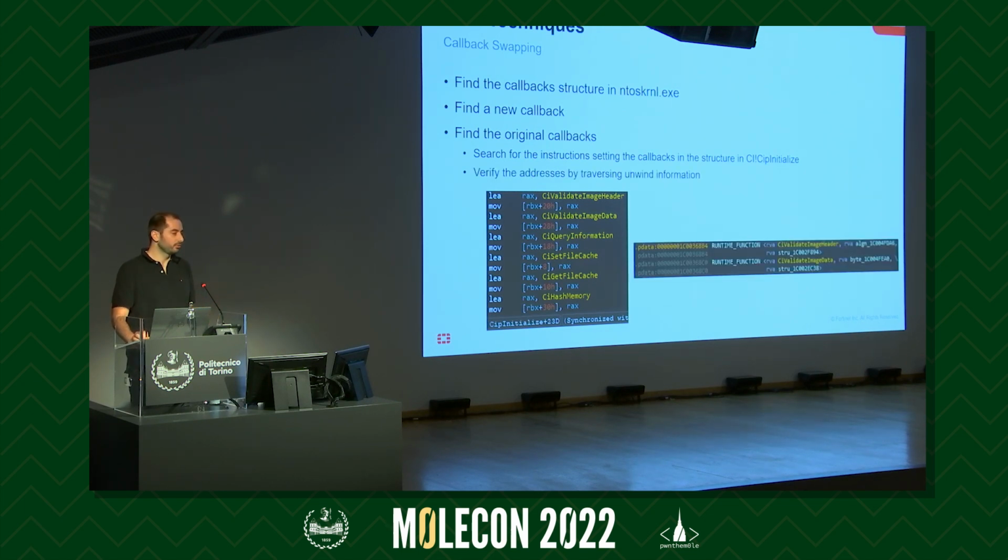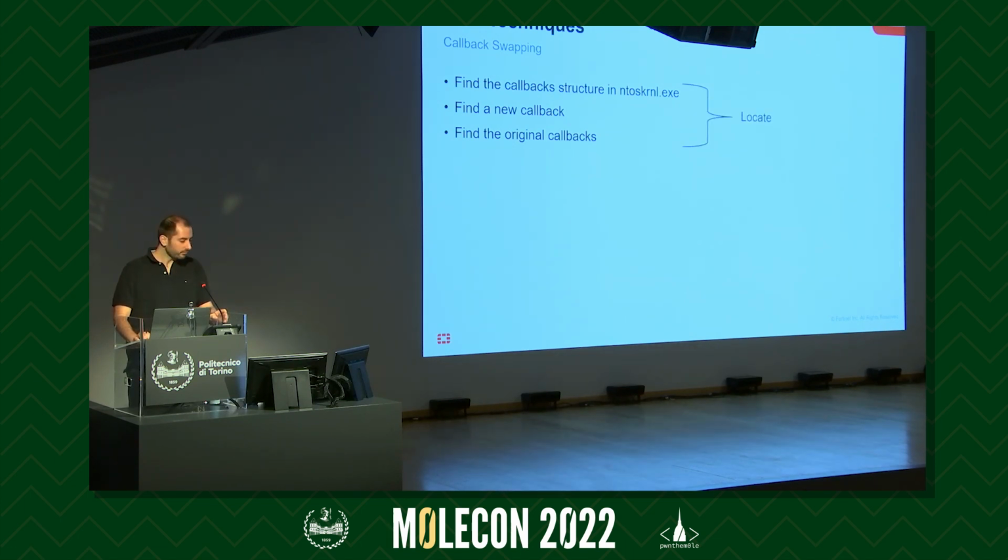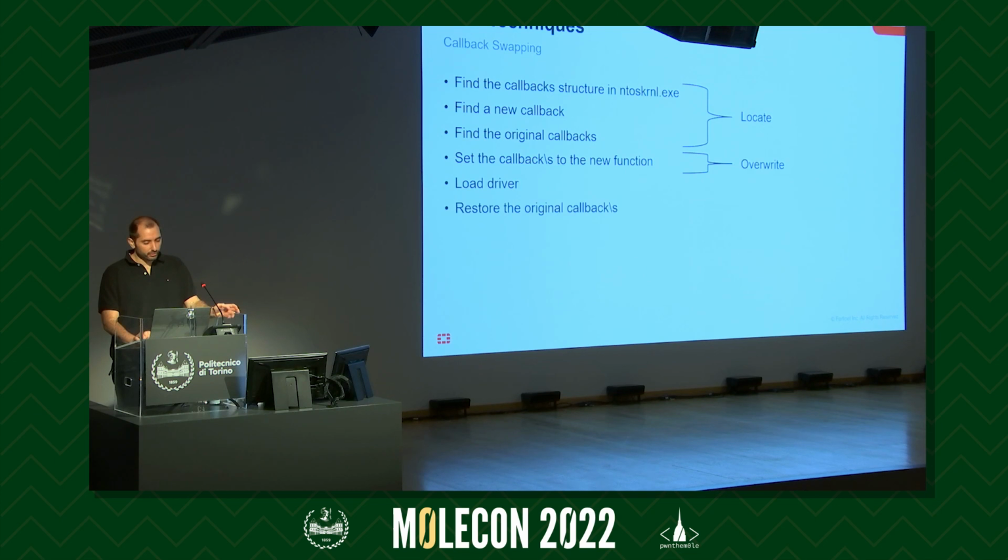We can use the unwind information in the DLL, and that will let us know that we probably found the right spot. This allows us to find basically everything we needed, and then by a simple write, we can override the callback, load the driver, and restore the callback again.